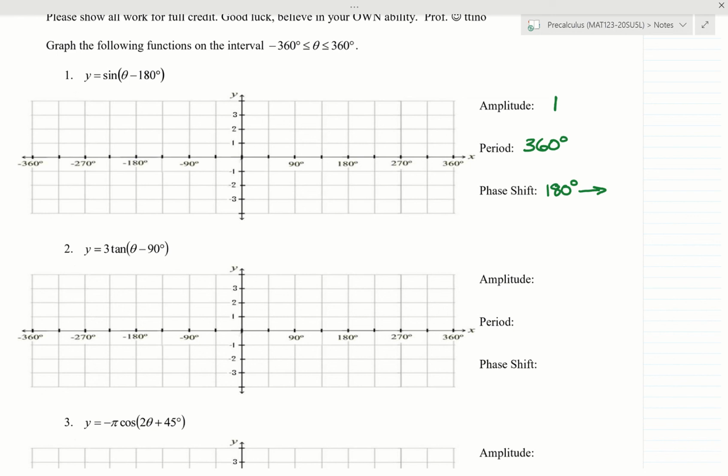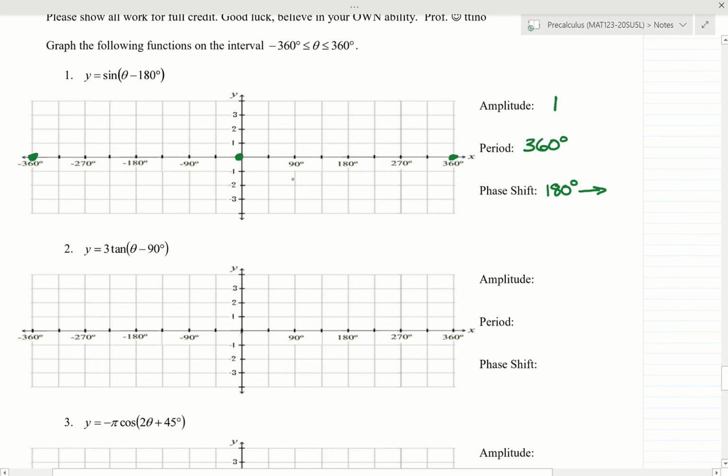So I have to change my mode back into degree mode, and I'm going to start at 0. So I'll store 0 for A, and I'll type in sine of memory variable A minus 180. And I'm getting 0. The period is 360, so 360 before and after, I'm going to put the same value. 90, I'll store it.